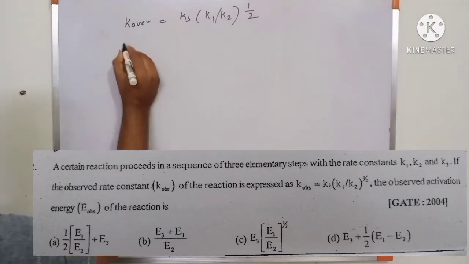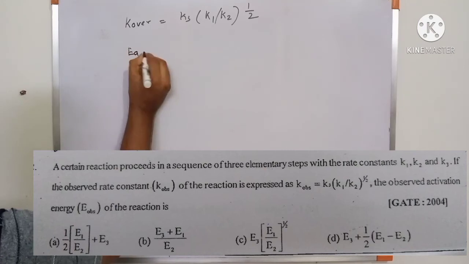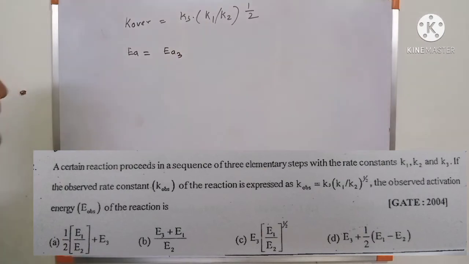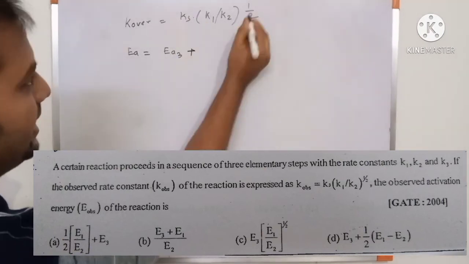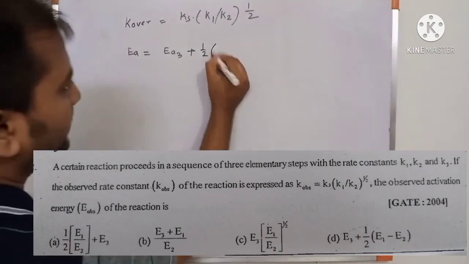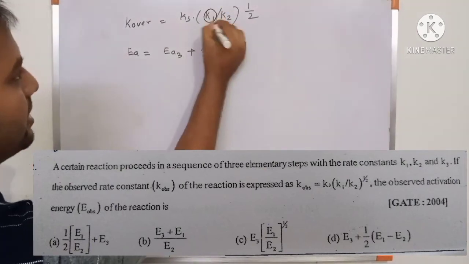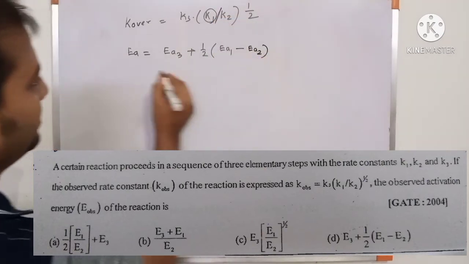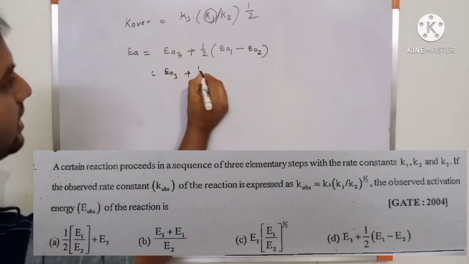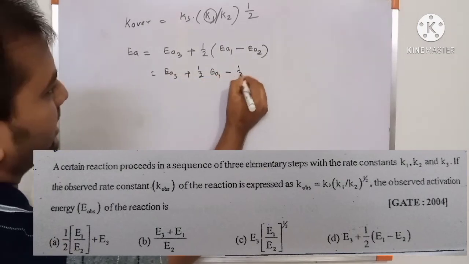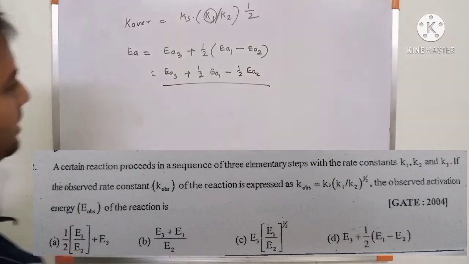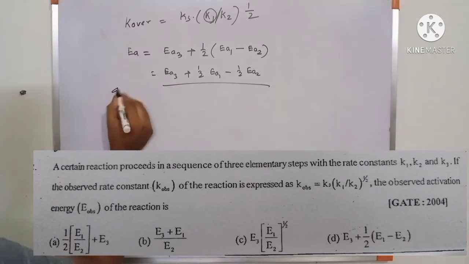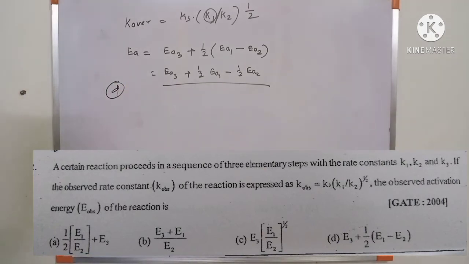We know the activation energy EA equals EA3, this is multiplied, so EA3 plus half into EA1, this K1 substituted by EA1, minus, because of the divided part, into EA2. So EA equals EA3 plus half EA1 minus half EA2. So option D is the right answer.